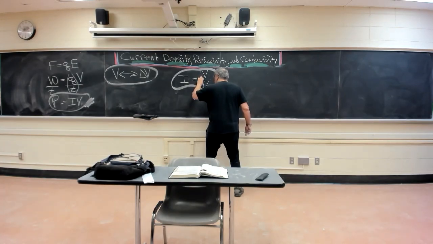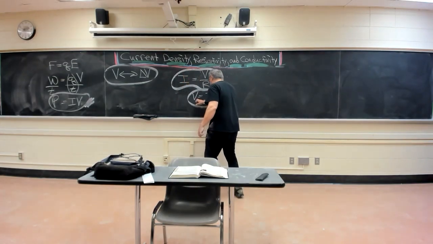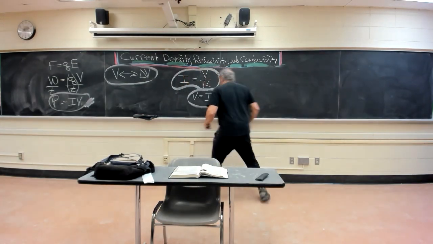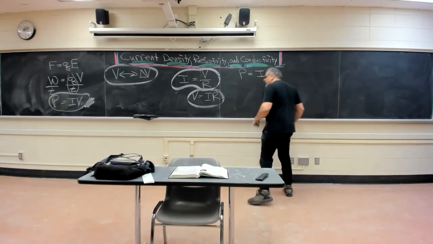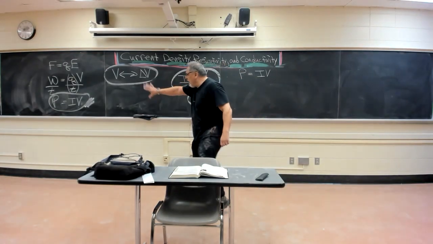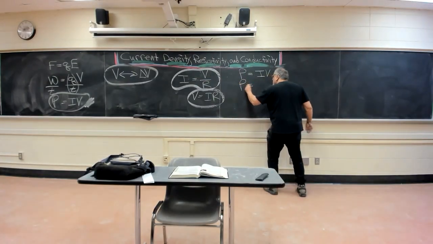Directly proportional to V, inversely proportional to R, comes out to here. Not a problem here. To play it safe, V is IR, and the power is IV. Now, there was nothing wrong with what we did over there. Good intuitive feel for that. Let's put V right here.